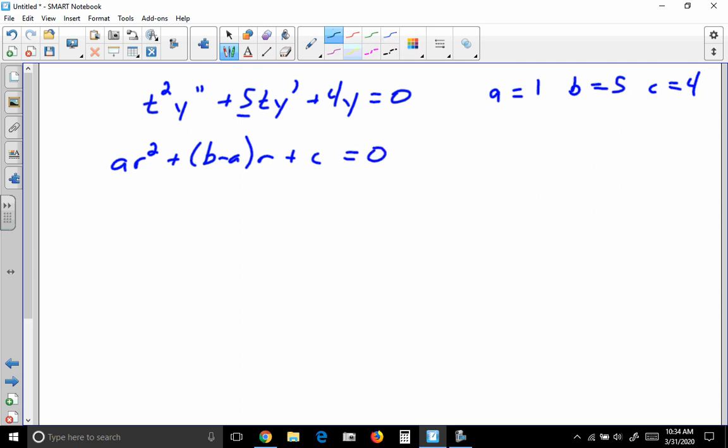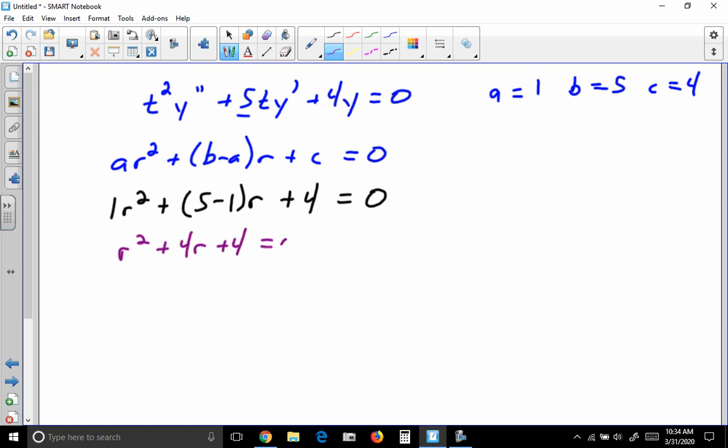So we substitute in our a, we substitute in b and a, substitute in c. So we have r squared plus 4r plus 4 equals 0. Now if we factor that, we get r plus 2 times r plus 2 equals 0. So r equals negative 2, and that's a double root.